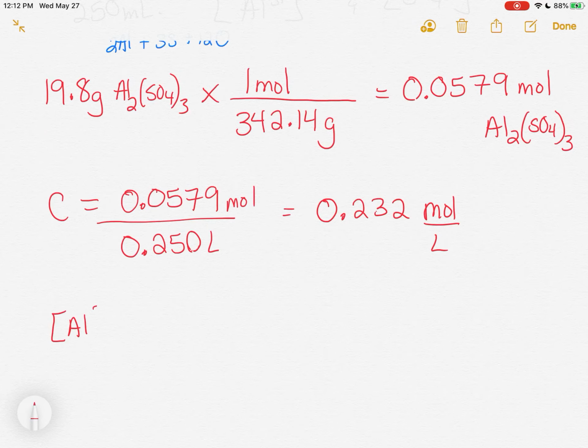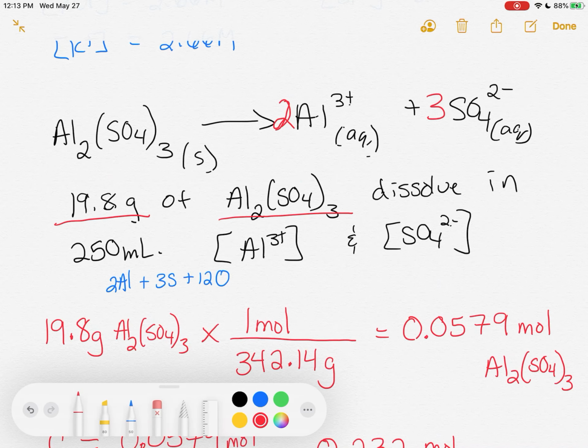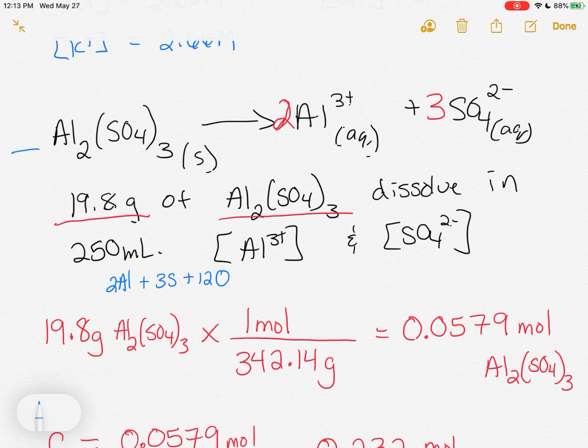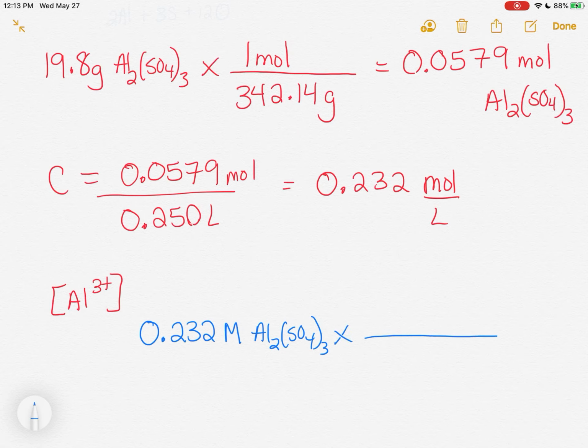Now, if we want the concentration of aluminum ions, we have to think about our mole ratio. So, if we go back to our reaction, 1 aluminum sulfate is going to produce 2 aluminum ions. Okay, so if we have our original value here of 0.232 molar Al2(SO4)3, we're going to multiply by our mole ratio.